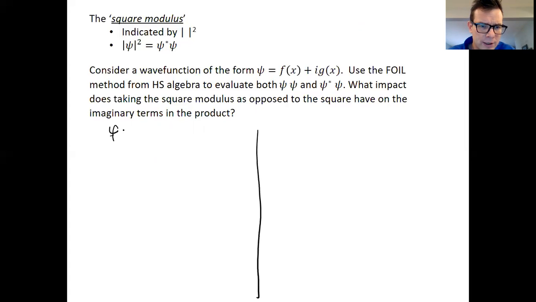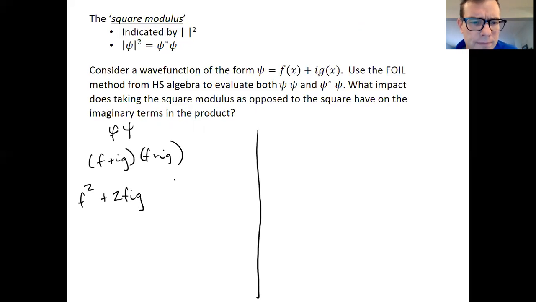First, psi squared. If I multiply f plus ig times f plus ig, you get f squared plus 2fig plus i squared g squared.